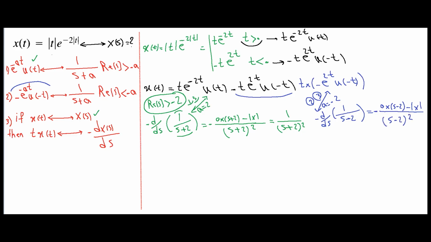Again, using the derivative formula, the Laplace transform of the second term becomes 1 divided by (s minus 2) squared, with ROC, real part of s less than 2. Therefore, X(s) can finally be written as shown.